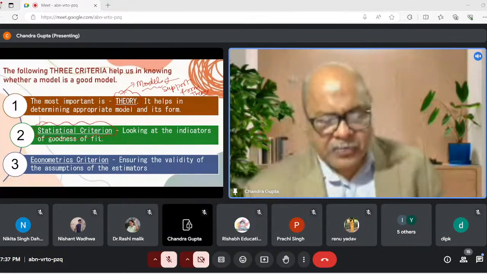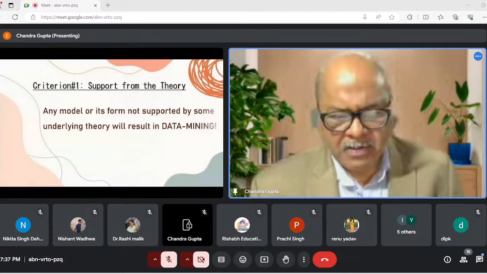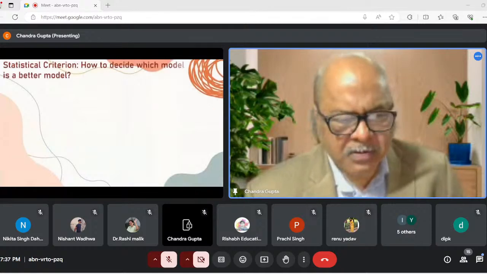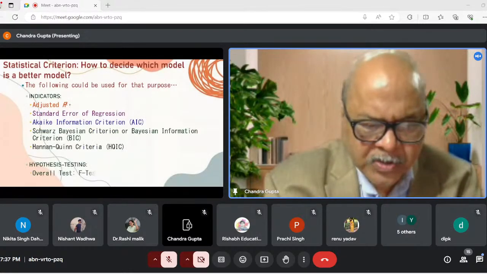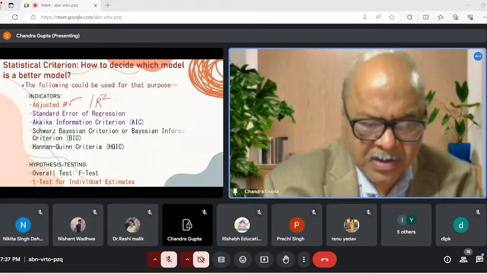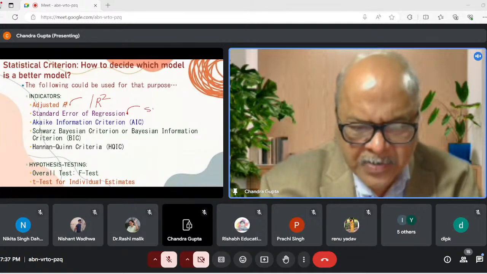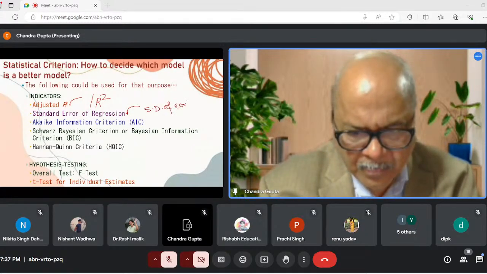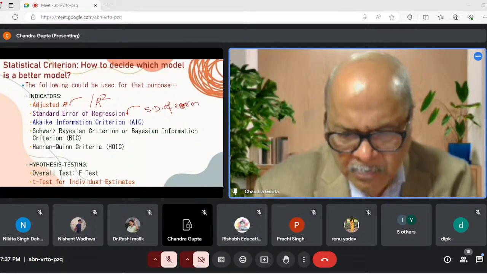Looking at the indicators of goodness of fit, and the indicators are support from the literature, that's there, and we look for adjusted R square, the standard error of regression, that means standard deviation of error term.